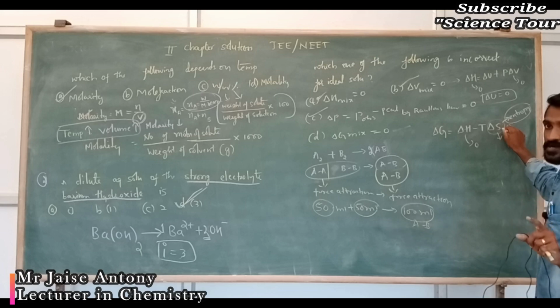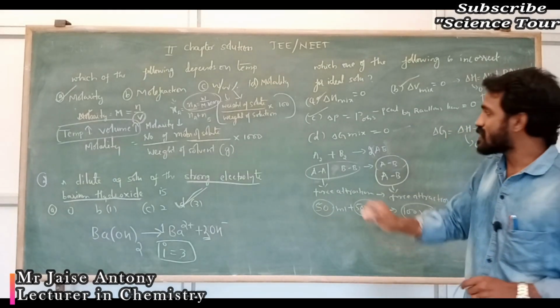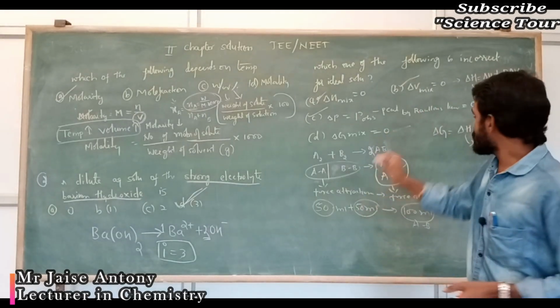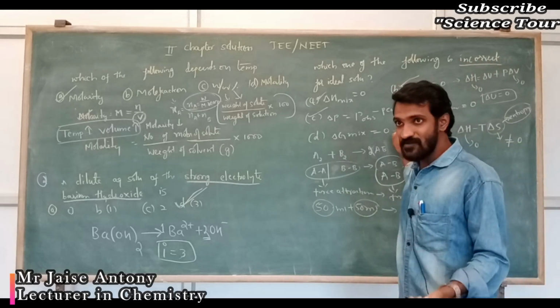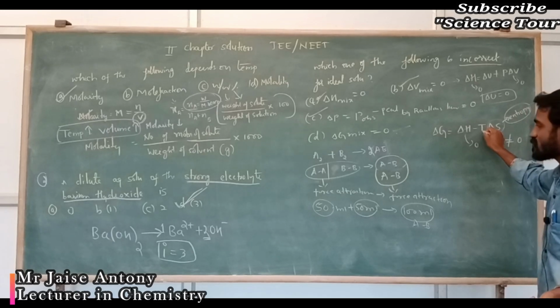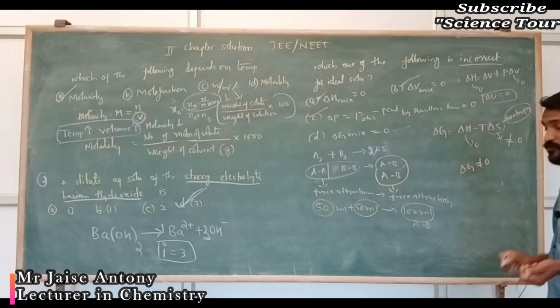So this delta S term is not equal to 0, so delta G is also not equal to 0, but they have given delta G equal to 0. In this you have to find the incorrect statement. From this you will come to know that delta G is not equal to 0. So how are we getting delta G equal to 0?